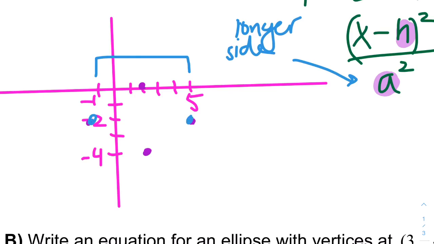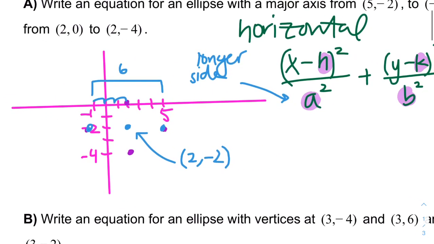So that's a total distance of 6 units, and so half of that would be 3, so 1, 2, 3 lands my center right there. So that is the point 2, -2, and that's my center.